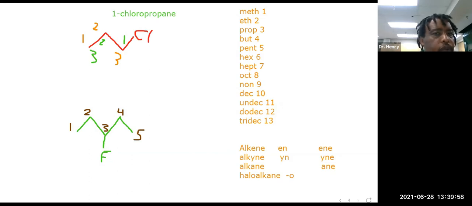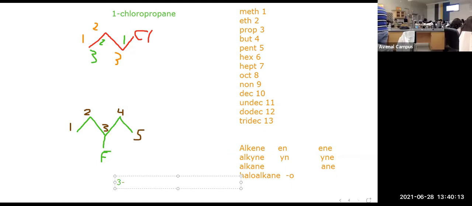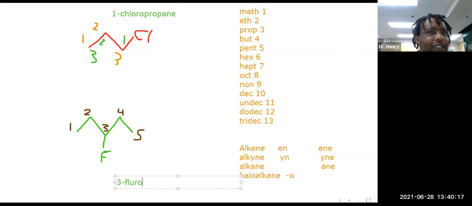Okay. So this guy is going to be called what? Three. It's fluoro. Fluoro. 5-chain carbon.